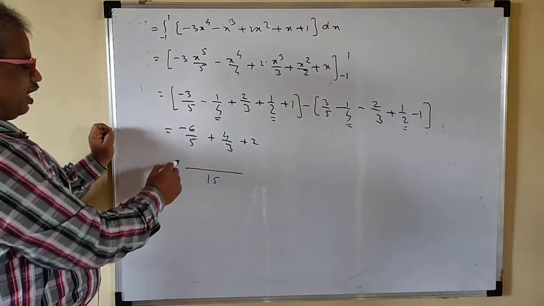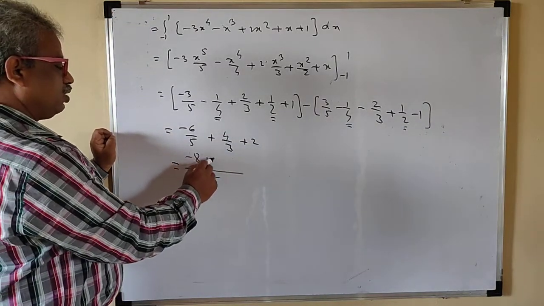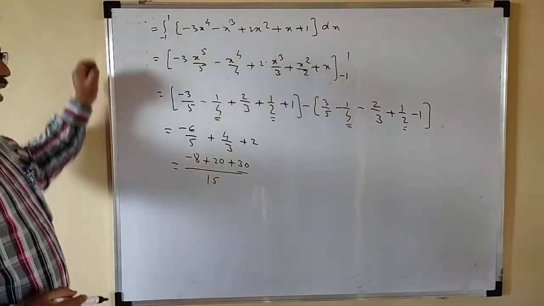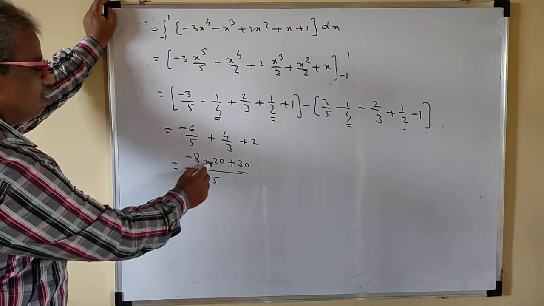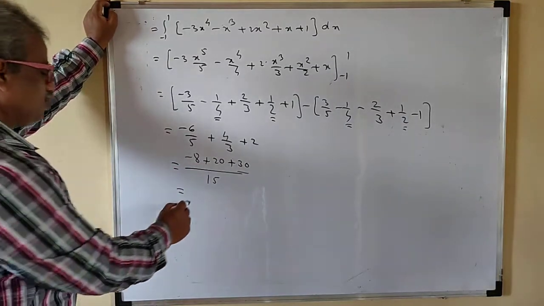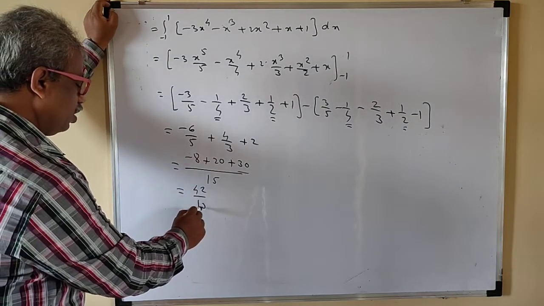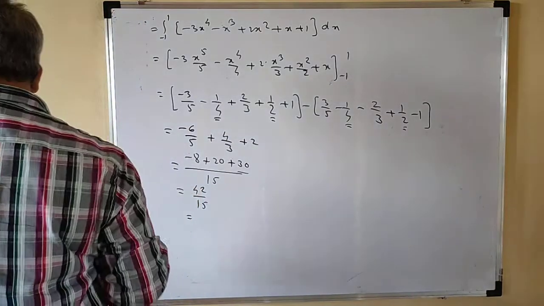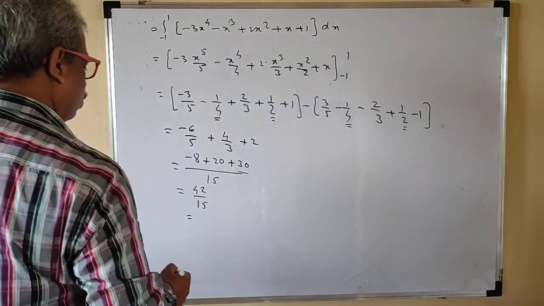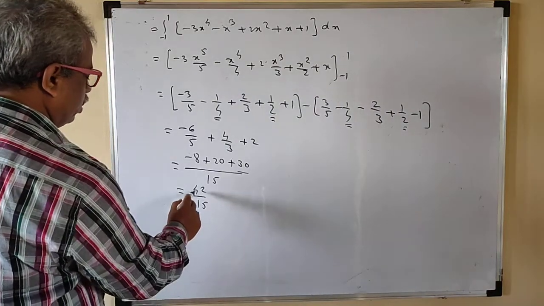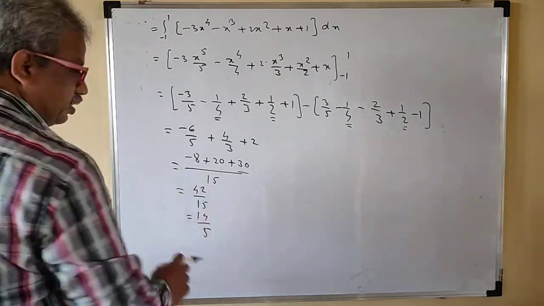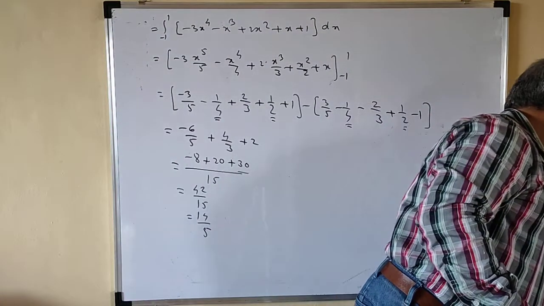So this is, with denominator 15, minus 18 plus 20 plus 30.